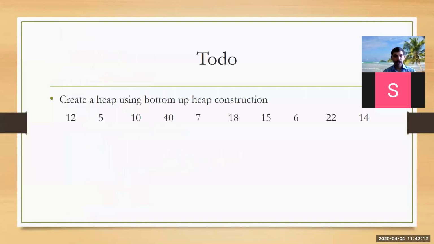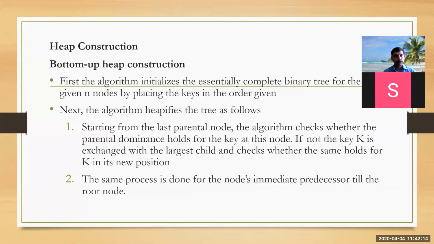Now, in the previous class, we have seen this bottom-up heap construction, so just to have a quick look at the two steps. What is the first step? First step is initializing the essentially complete binary tree for the given nodes. The next step is heapify. How does the heapify have to be done?